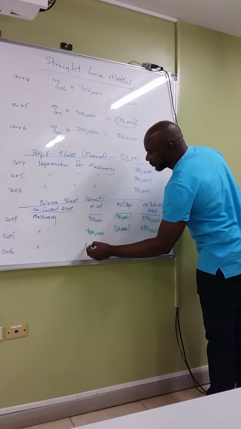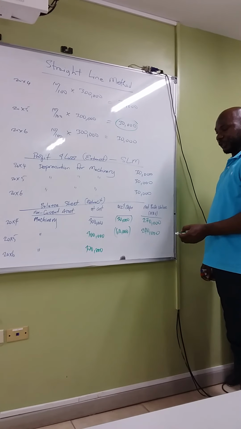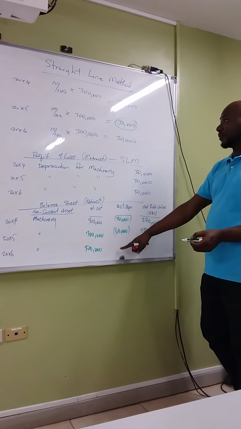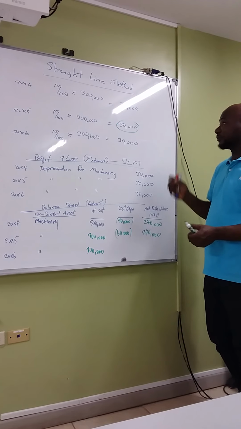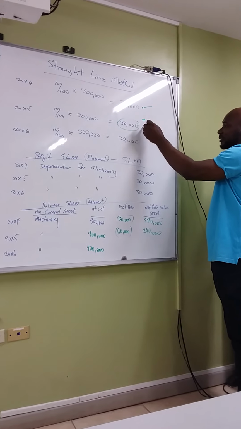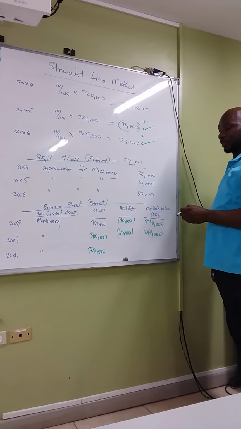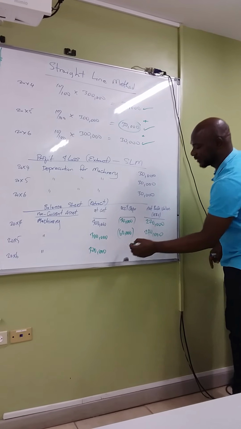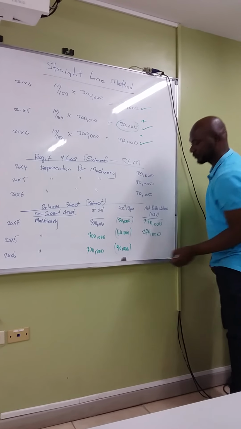Alright, 2006. Let's follow. The cost price is what? $300,000. What do you think the accumulated depreciation is going to be? To get the accumulated depreciation, we're now in the what? The third year. So therefore it's going to be this for year 1 plus this for year 2 plus what? For year 3. Right? So your accumulated depreciation at the end of 2006 is now going to be what? $90,000.